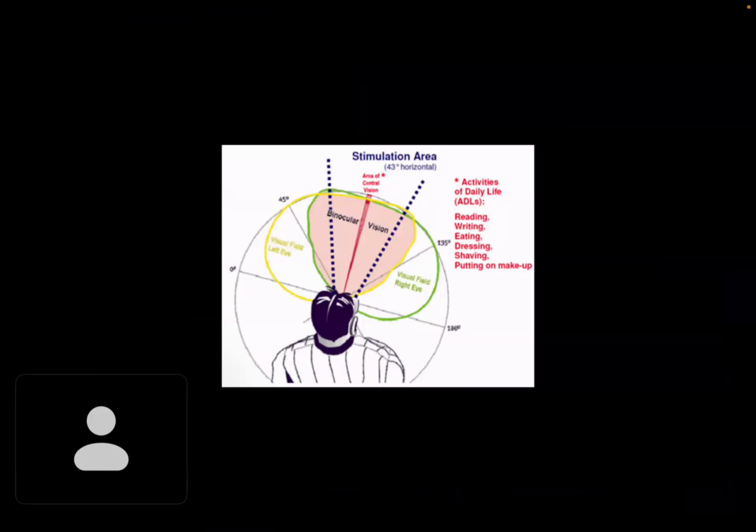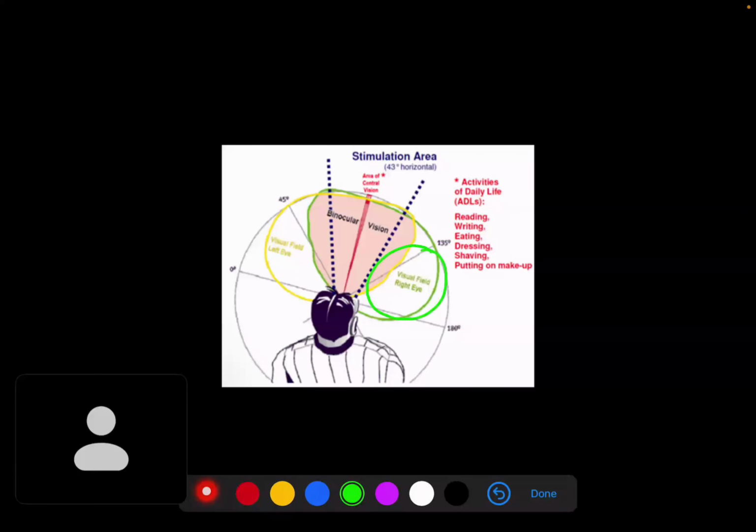Now if you think of yourself as a newborn infant, you are born, you look outside, you can see a visual field, superior, inferior, lateral. Then you find out that this visual field is made of two visual fields. There's a right field and a left field.